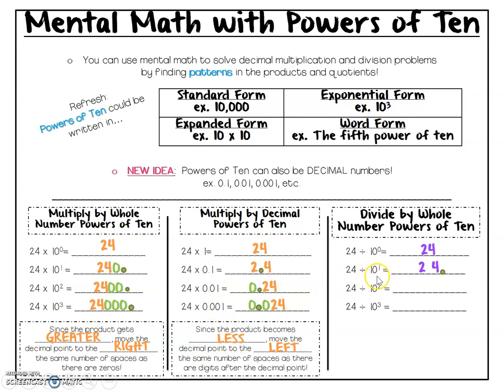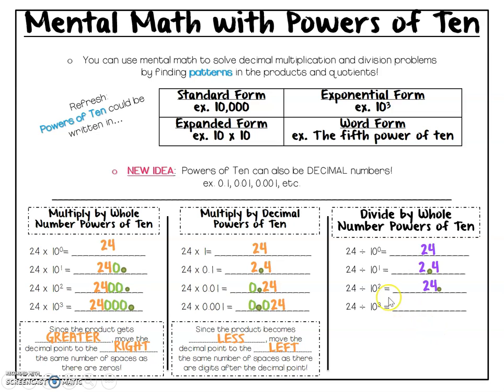In other words, if I'm dividing by 10 to the first, or the standard form 10, I need to shift that decimal point one place value position to the left, giving me a final answer of 2 and 4/10. And that makes sense because if I were to divide 20 by 10, I would end up with 2. So dividing 24 by 10, it makes sense that my answer will be a little bit more than 2.